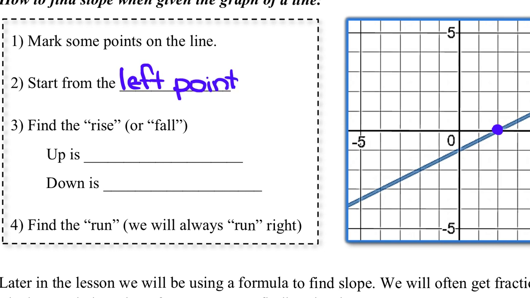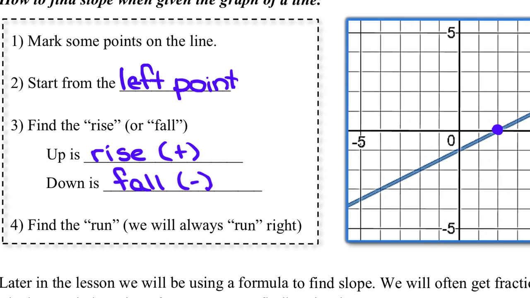We're going to be doing the ratio rise over run. The first thing we have to do is find the rise or the fall. I'm either going to go up or I'm going to go down. If I go up, that's the rise, and that means it's positive. If I go down, that is considered a fall, and I have a negative number.